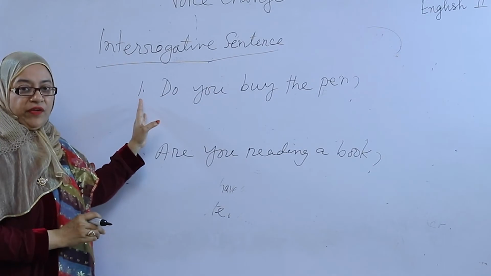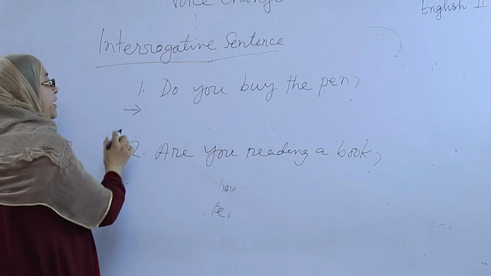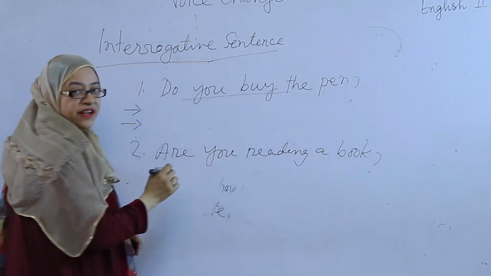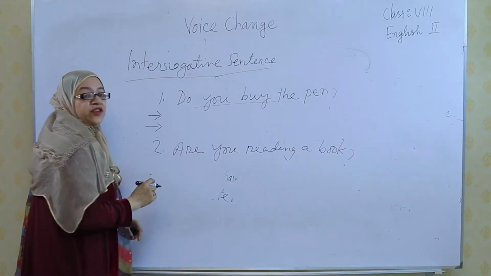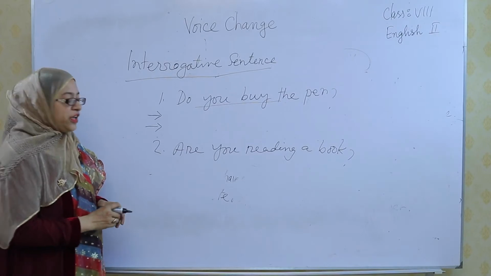This is an interrogative sentence: Do you buy the book? If you turn it into passive, at first you make the sentence an assertive sentence. If you turn it into an assertive sentence, then it is very easy to change it into interrogative.